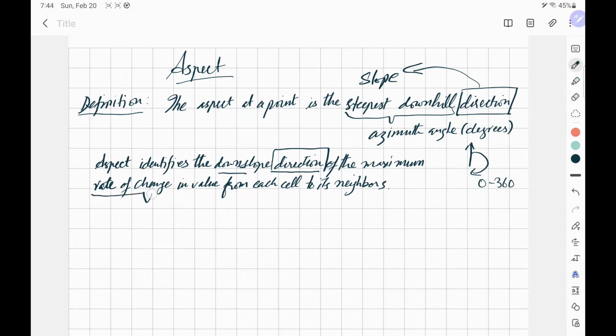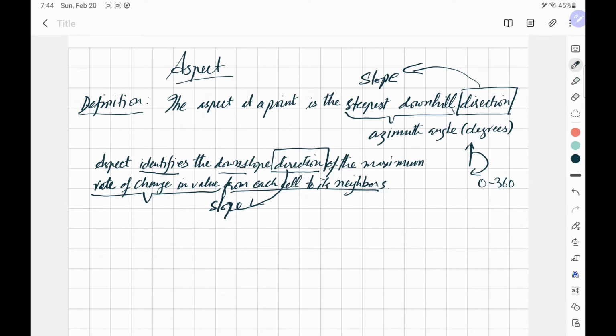It is the direction of rate of change in value from a cell to its neighbors. This part, rate of change in value from cell to its neighbors, represents the slope. So aspect identifies the downslope direction. Basically aspect is the direction of slope.